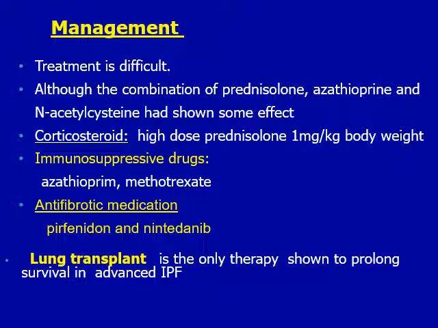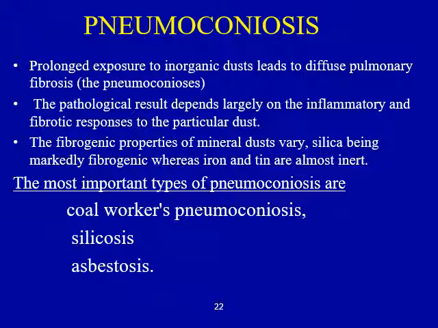The corticosteroid should be given as high dose prednisolone, with immunosuppressants like azathioprine and methotrexate. And now there is a new class of drugs which can help to stop or reduce the fibrosis, called antifibrotic medication, mainly pirfenidone and nintedanib. But the best treatment, and the only treatment shown to prolong survival in advanced IPF, is lung transplantation.